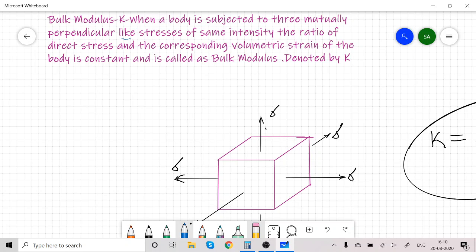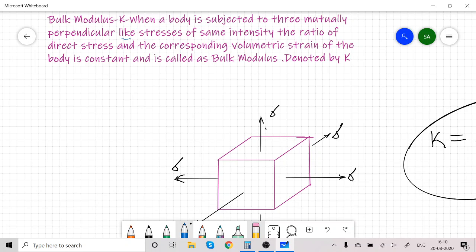Like means all either tensile or all either compressive. Now let us consider all tensile. So all the stresses in three directions, that is x direction, y direction and z direction, all the stresses are tensile and they are equal.